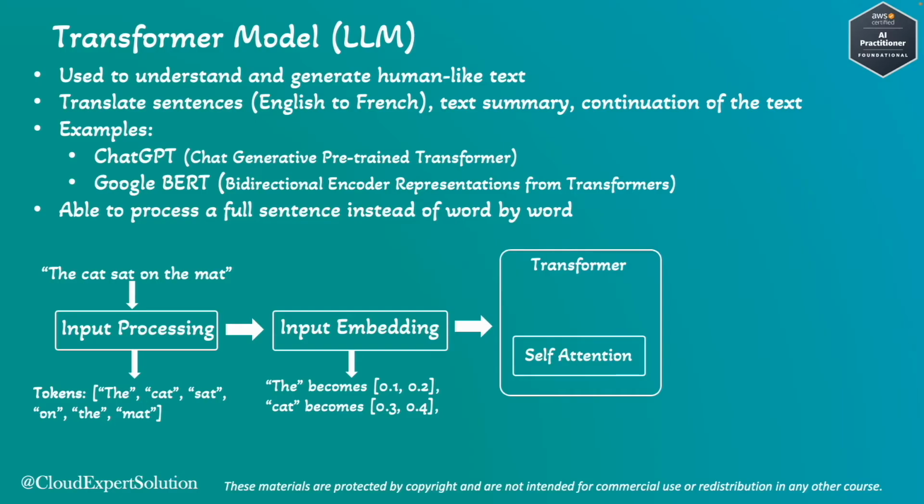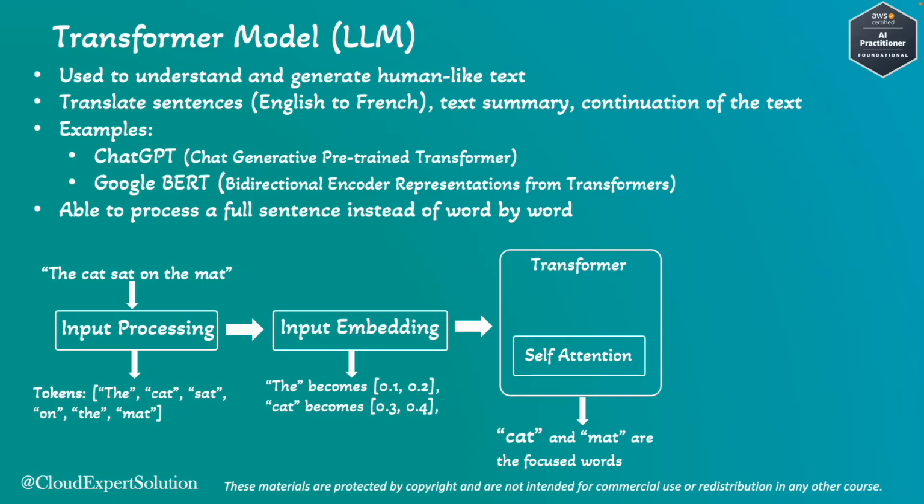And this is the core of the transformer model. It will help the model focus on the different parts of the input text to understand the context and the relationship between the words. In our example, the model looks at a sentence and decides which words are important.